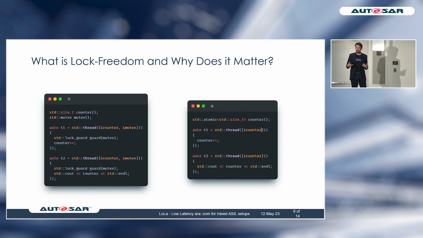That's why we have mutexes. The problem with mutexes is they need to get locked. So what if the QM process is locking this mutex and never unlocking it? There would be no possibility just like that for the ASIL-B process to take the ownership and work on the data. So freedom from interference is gone.